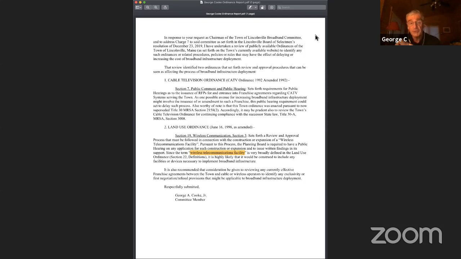I think the basic conclusion is that there essentially are just procedural elements that have to be complied with in terms of public hearings and approvals, in terms of making any significant change in the cable television franchising agreements or entering into new ones. So I think that, if we proceed simply with having a public hearing on this and having the Board of Selectmen giving their approval, at least in the initial stages, there are no obstacles.